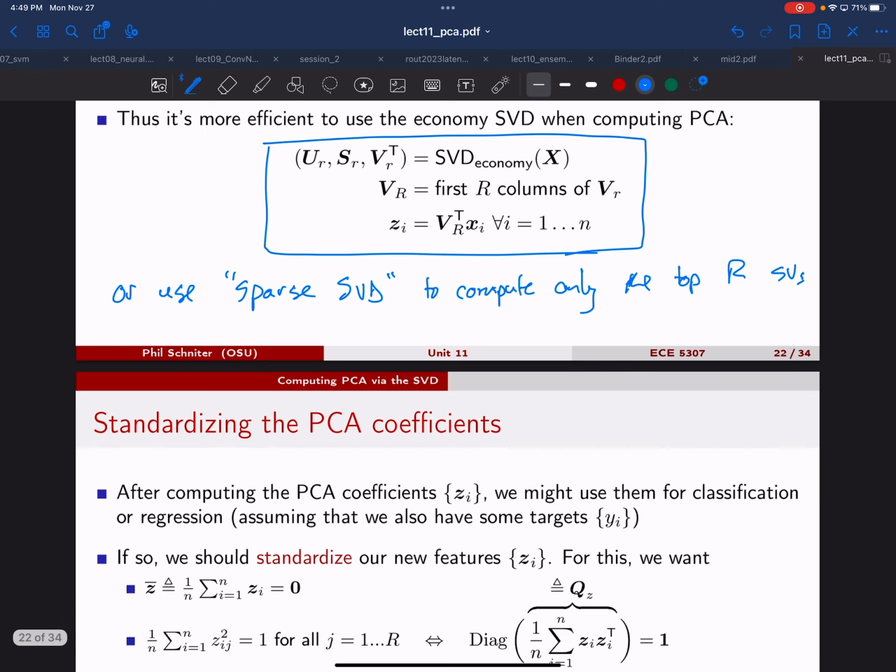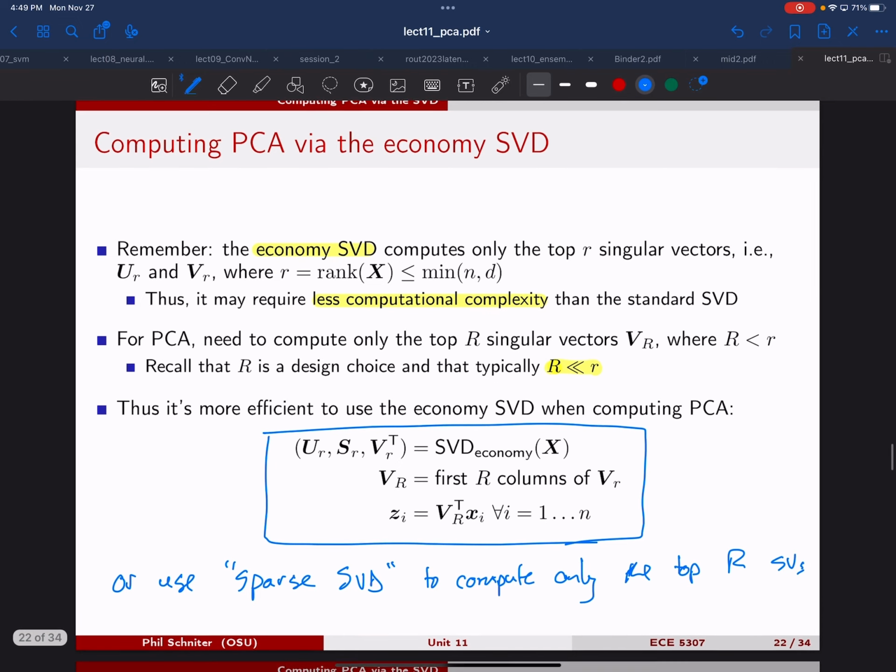It's called the sparse SVD because you can use it on sparse matrices. They don't have to be sparse to use it. It works on dense matrices as well. It's just a different algorithm. Okay, so that's essentially how we can do it. So now we know an efficient way to compute the PCA directly from the feature matrix X.